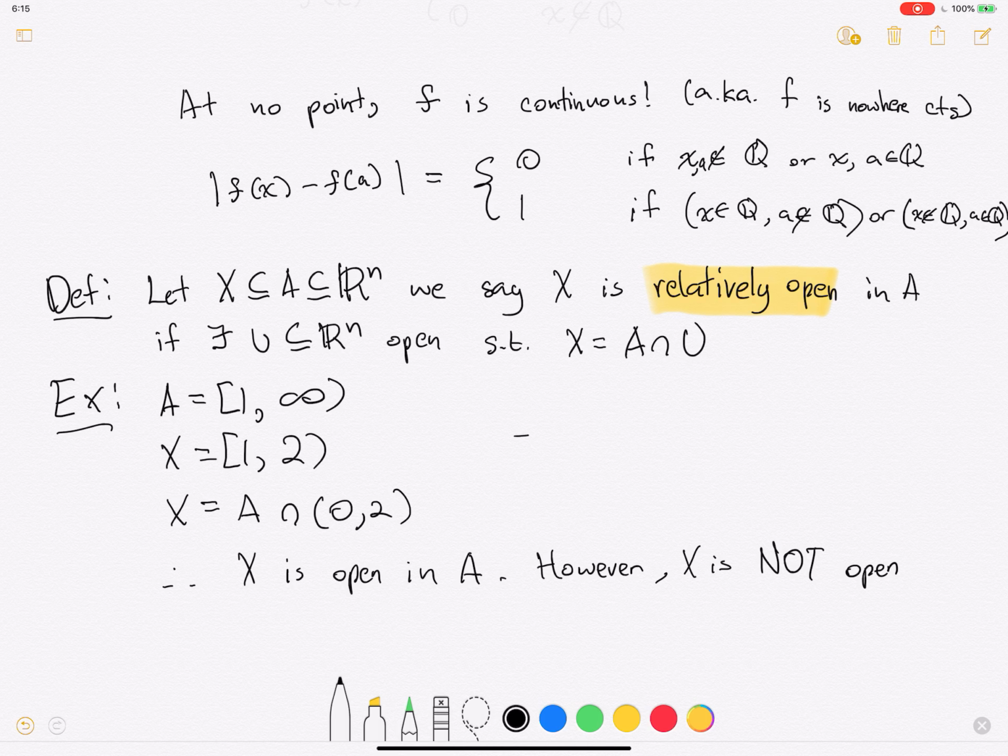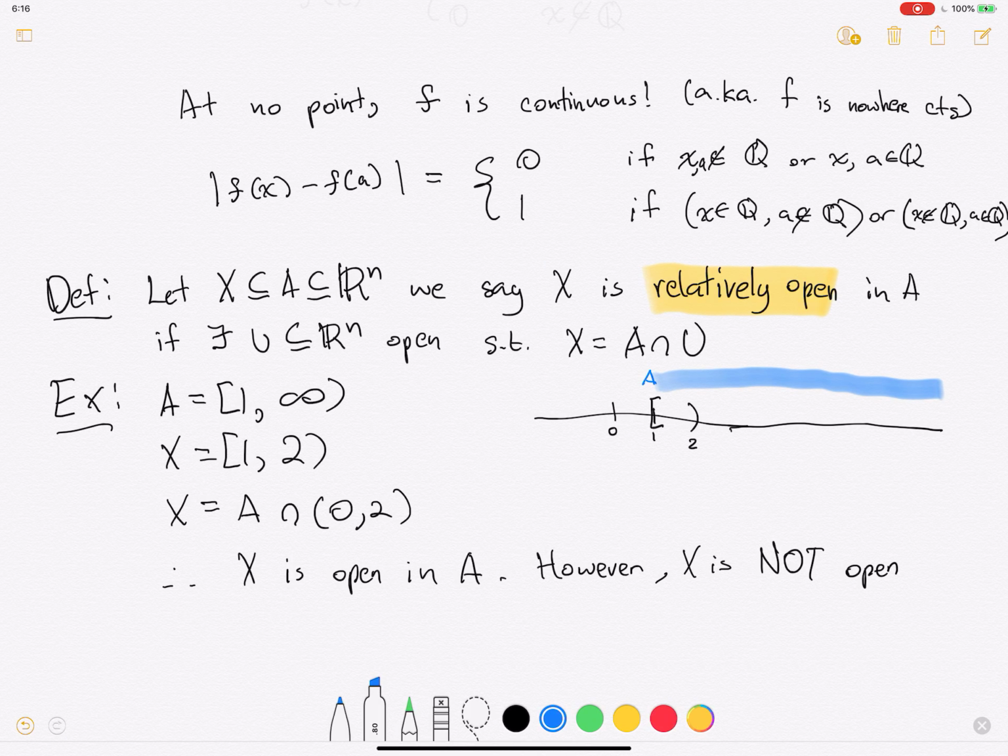And to see where that is, if we just draw it out, that's 0, this is 1, that's 2. So A goes out this way, and x, take green, only goes out up to there.